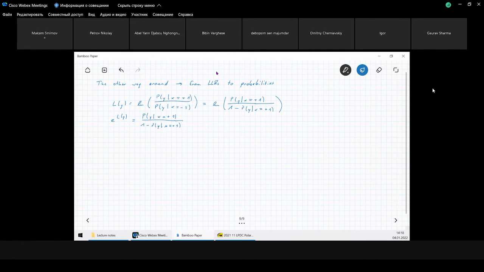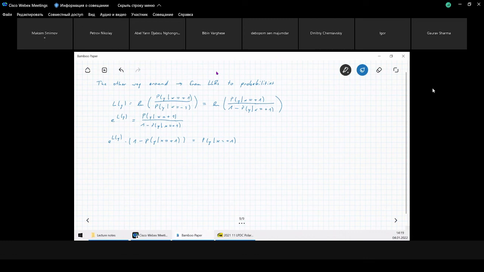So it will be e to the power of L of y times 1 minus P of y given x being +1 is equal to P of y given x being +1. Well, it's not so difficult now, it's straightforward. I multiply out and combine the probabilities.